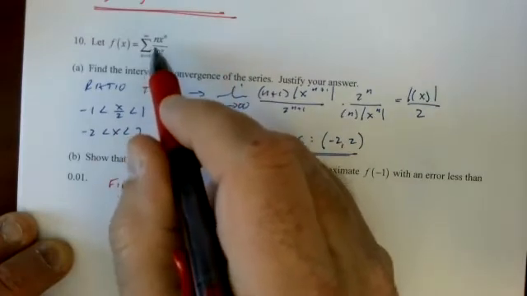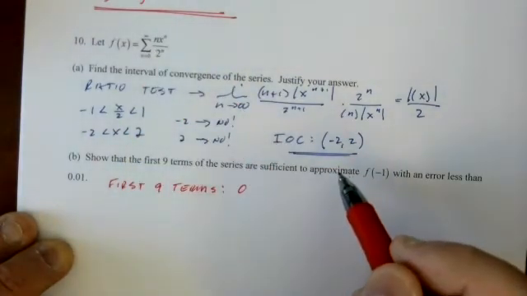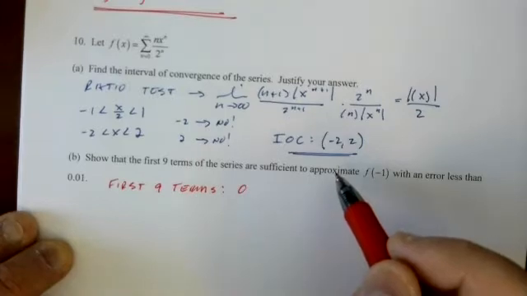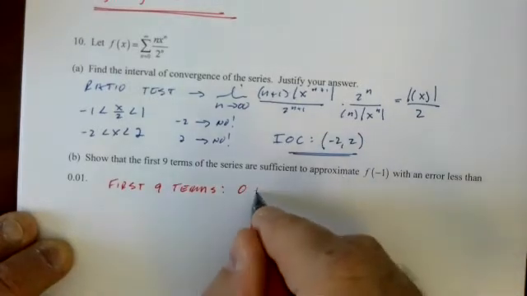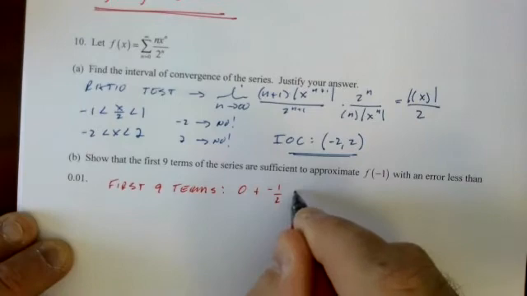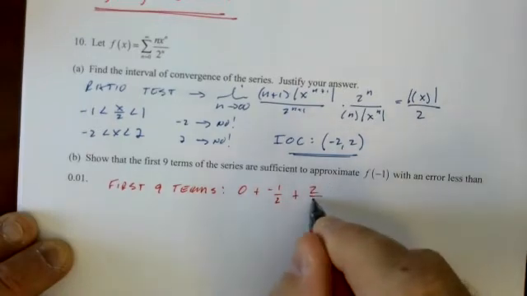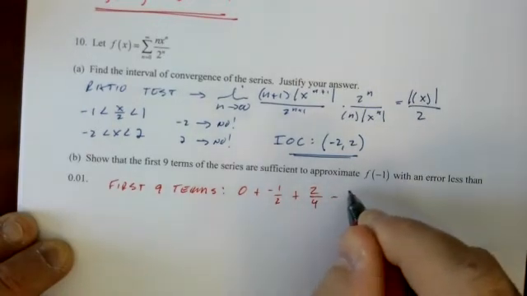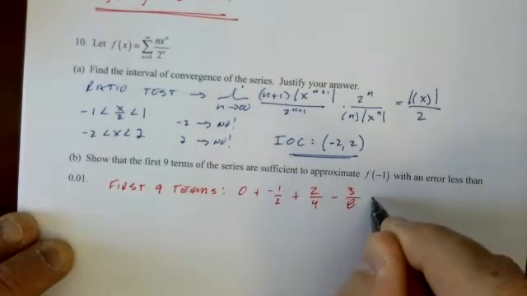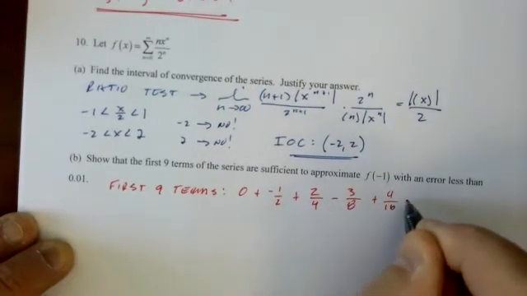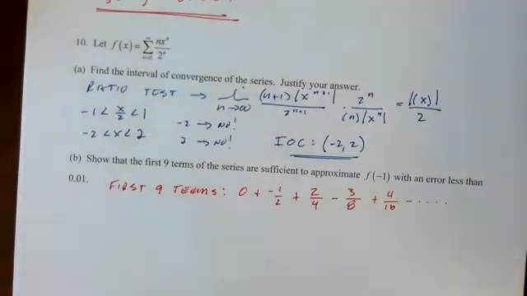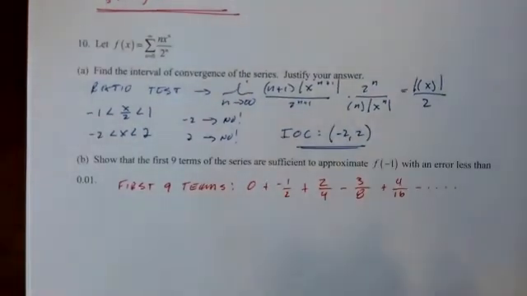Now plug in 1 with negative 1 in there. Negative 1/2 plus 2/4 minus 3/8 plus 4 over 16. So you do that with 9 terms.